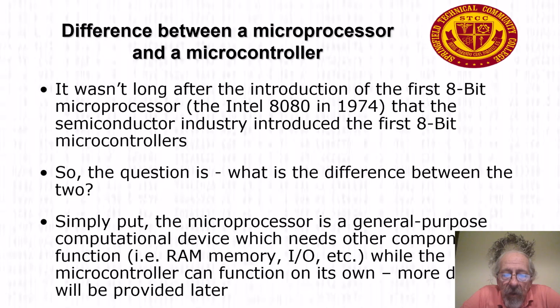Simply put, the microprocessor is a general-purpose computational device which needs other components to function. Those other components mean RAM memory, I/O, input-outputs, maybe a display, a printer, something like that, while the microcontroller can function on its own. And more detail will be provided later in this presentation.